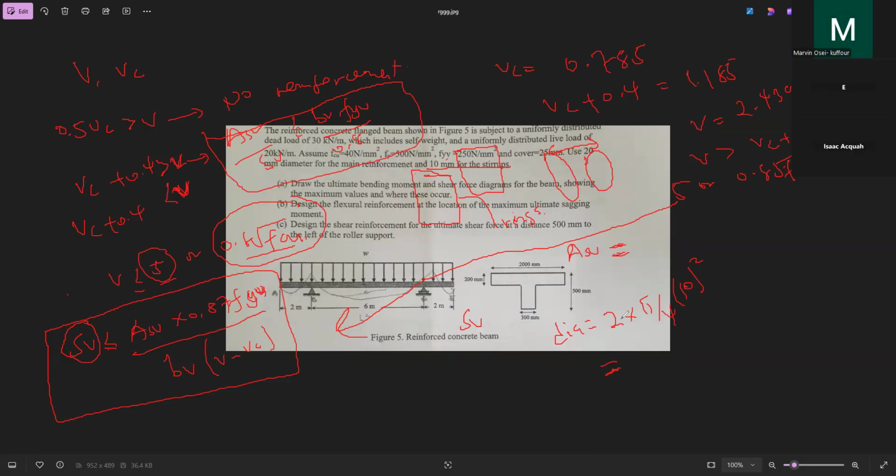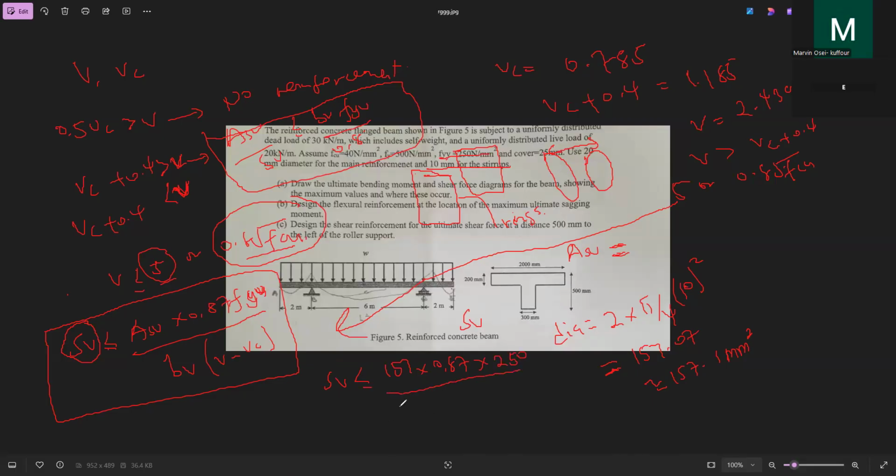157.07. The ASV is 157 times 0.87, and FYV is what? 250.